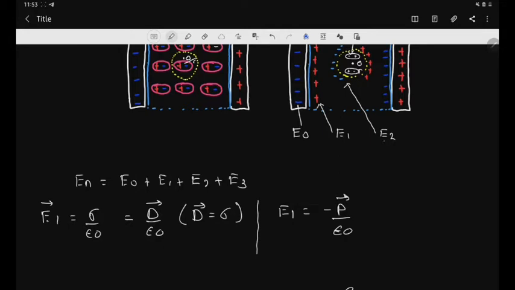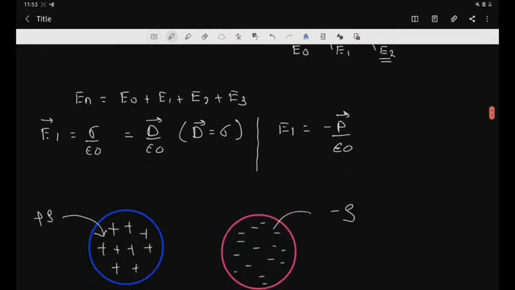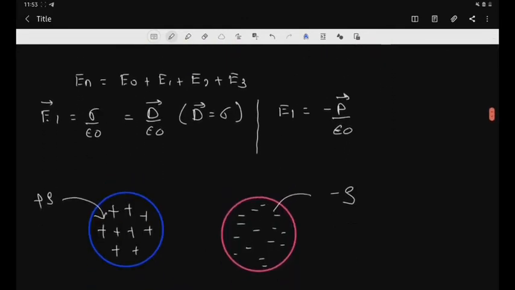Now to determine the electric field due to E2, that is the charges on the surface of the sphere, negative charges on this surface and positive charges on this side of the surface, we will use a trick. What is that trick? Instead of considering that configuration, we will consider two spheres in which there is a volume distribution of charge.